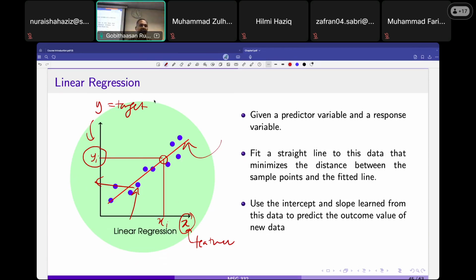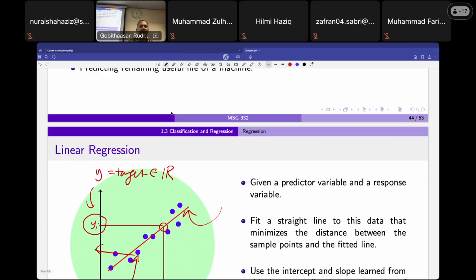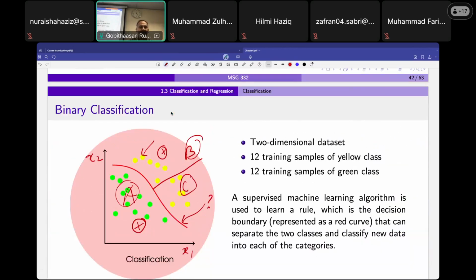So your targets are real numbers. Whereas if I go up, my targets are integers, either class 0, which is green, or class 1, yellow. The output actually differentiates between classification and regression.